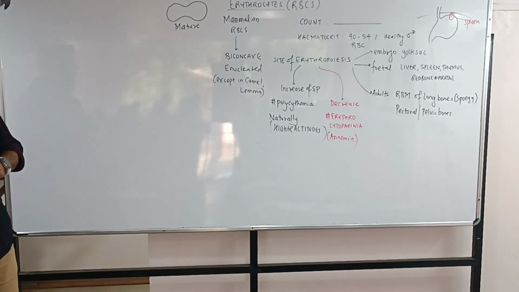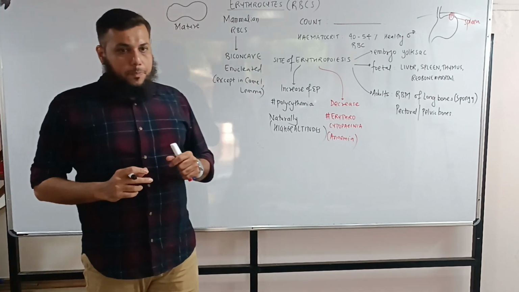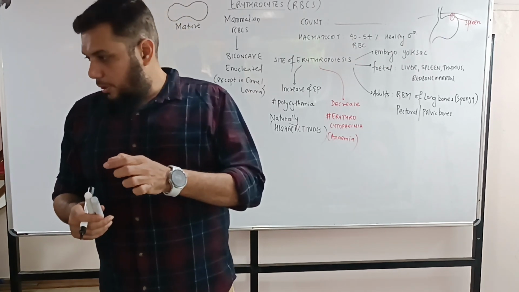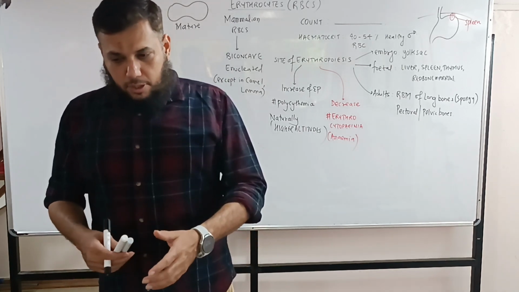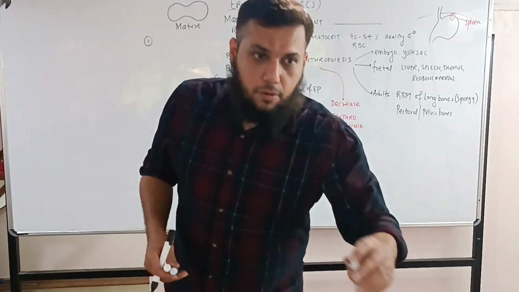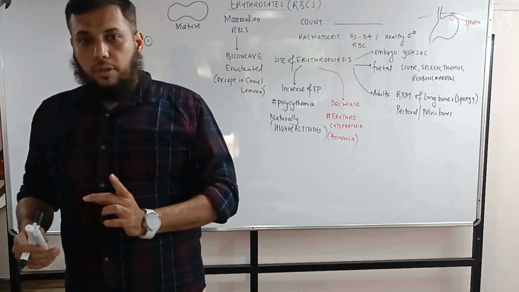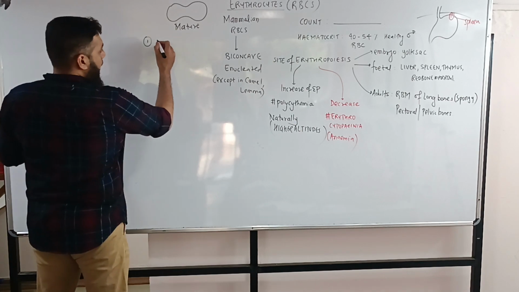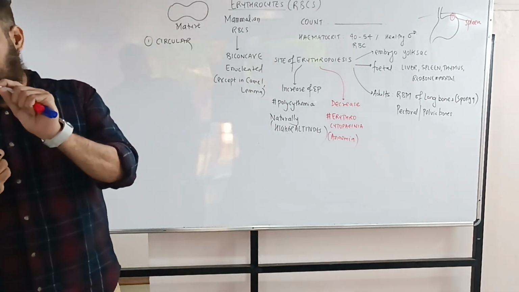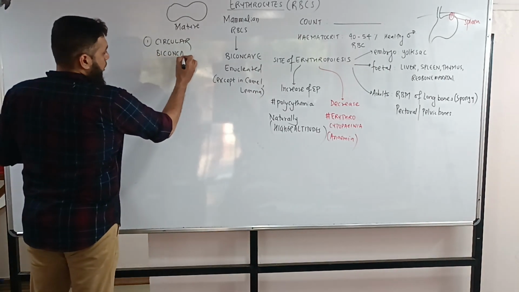Now, the mature RBC, let us see what are its characteristic features. Number 1. In a surface view, like a coin. I am looking at this coin from the top. The RBC in surface view will appear circular. But in the side view, it will appear biconcave.